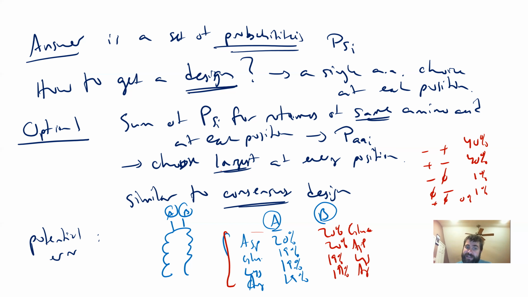If we do consensus-based design and we choose the best possibility, what do we end up choosing? We end up choosing aspartate at position A, glutamate at position B, and we end up with a negative right next to a negative, which is a very unfavorable situation.